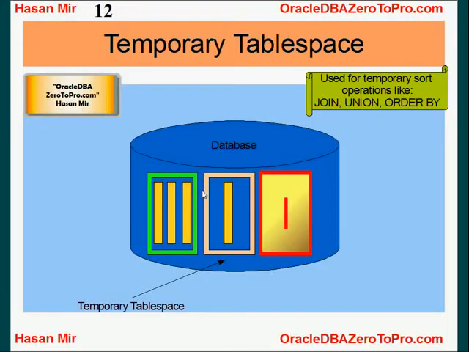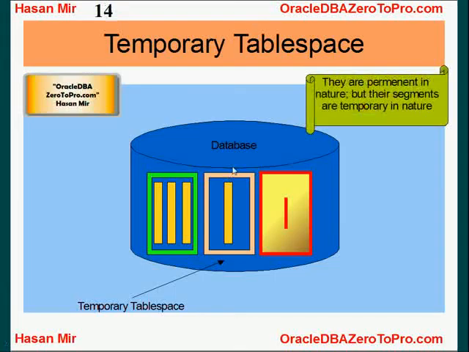So what DBAs usually do is create separate tablespaces just for temporary sort operations, and they can assign these temporary tablespaces to users, so that when they perform join operations, sorting takes place in the temporary tablespace rather than system. But again, it's optional to create a dedicated temporary tablespace. By default, the system tablespace is used as the temporary tablespace.